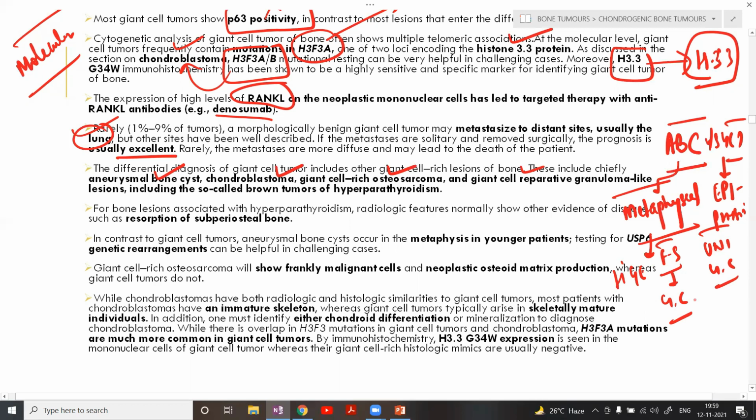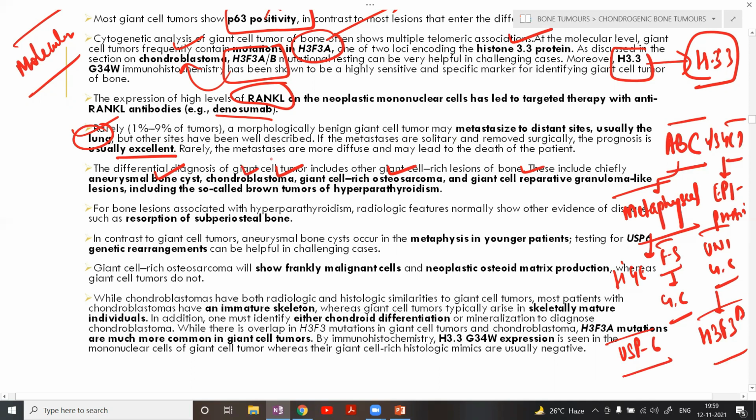Also very important is that ABC contains a USP6 mutation or rearrangement, whereas GCT contains H3F3A mutation. This is how we differentiate giant cell tumors from ABC at all three levels.